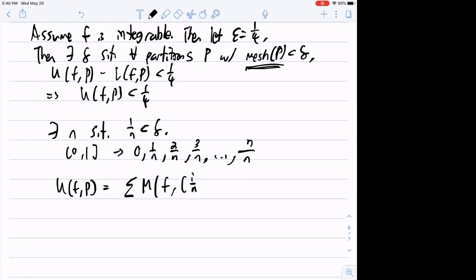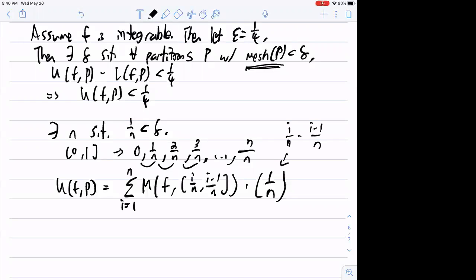It's from i minus 1 over n to i over n, times the length of my intervals, which is 1 over n, and this is the sum for i equals 1 to n. This was supposed to be i over n minus i minus 1 over n, the difference between the two endpoints, which is 1 over n.